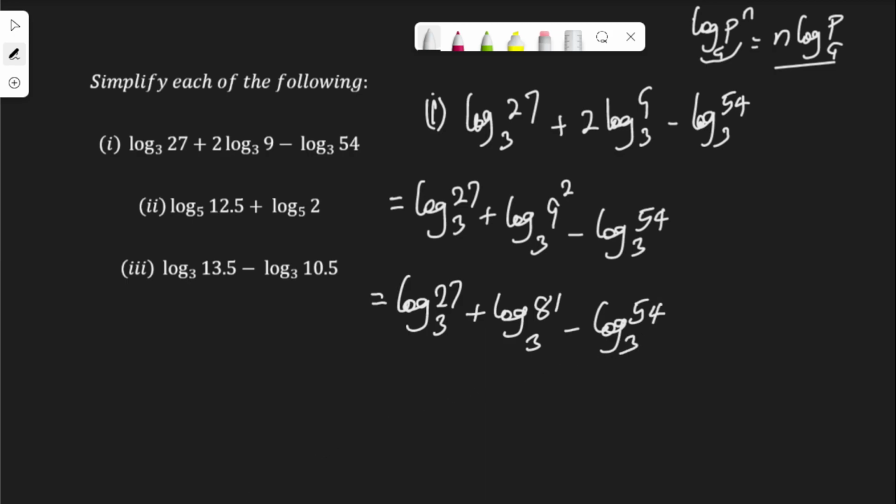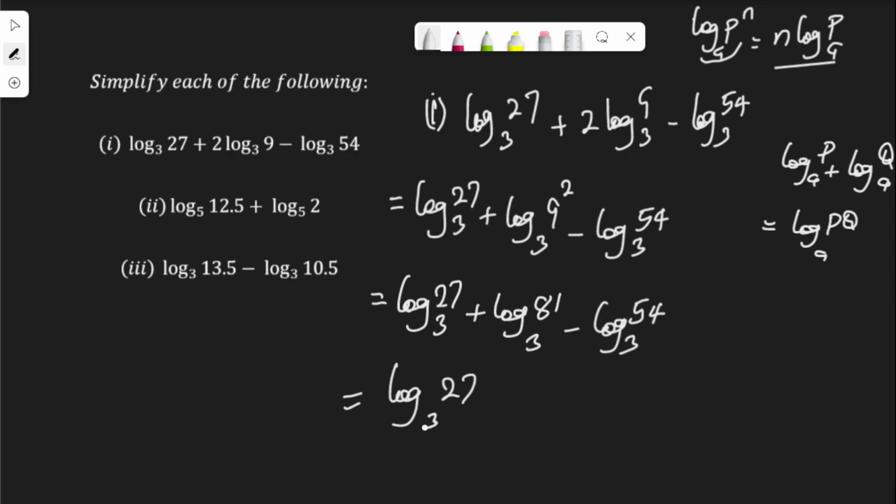I'm going to apply the law of logarithm that says log p to base a plus log q to base a equals log p times q to base a. If I apply it here, I will have log 27 to base 3 multiplied by 81, then minus log 54 to base 3.